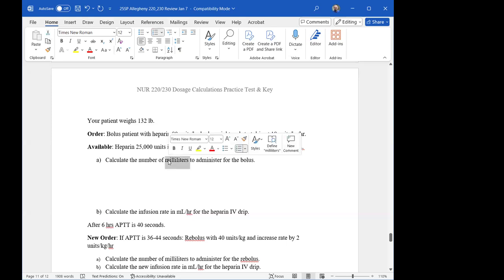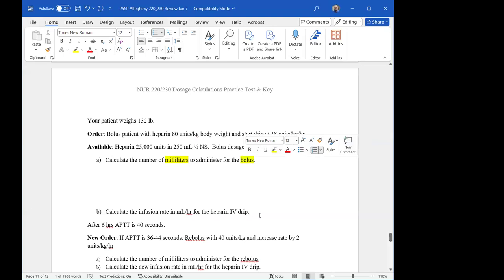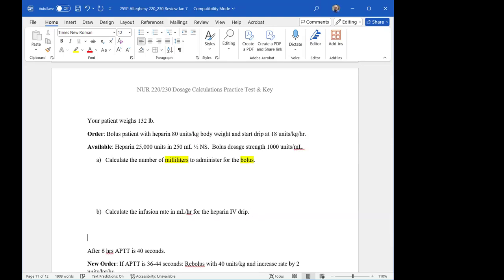Calculate the milliliters to administer for the bolus, and then calculate the infusion rate in ml per hour for the heparin. So your infusion rate in milliliters per hour, and then your milliliters of the bolus. That's your clue, if you see it worded this way, that you're doing a heparin protocol.